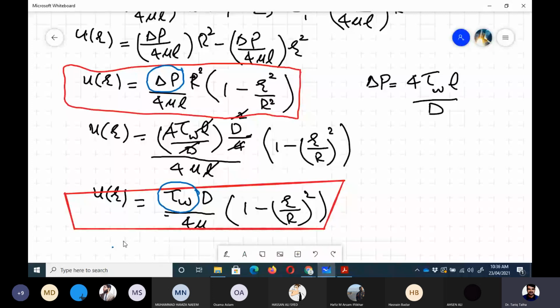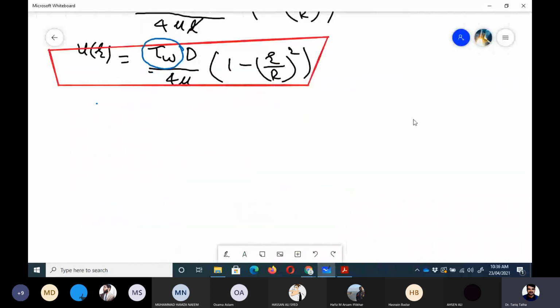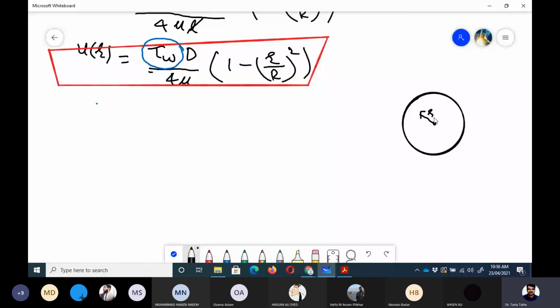So if I show you the pipe from the side view, this is the cross section. This is the center, and this is radius r.